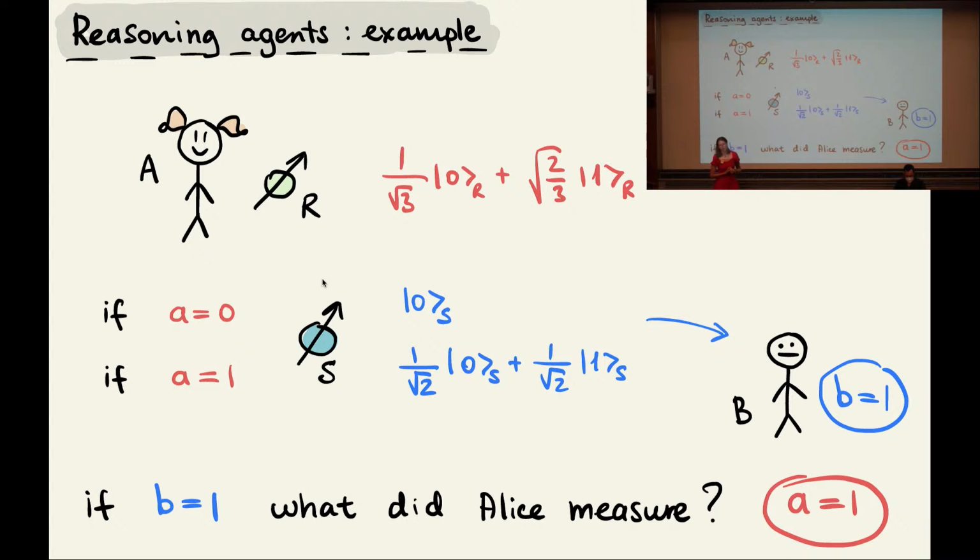However, he measures B equals 1, which means that the only possible option for A's measurement is A equals 1. So this is an example of how an agent, not yet quantum, just an agent, can reason about other agents' outcomes depending on their own.